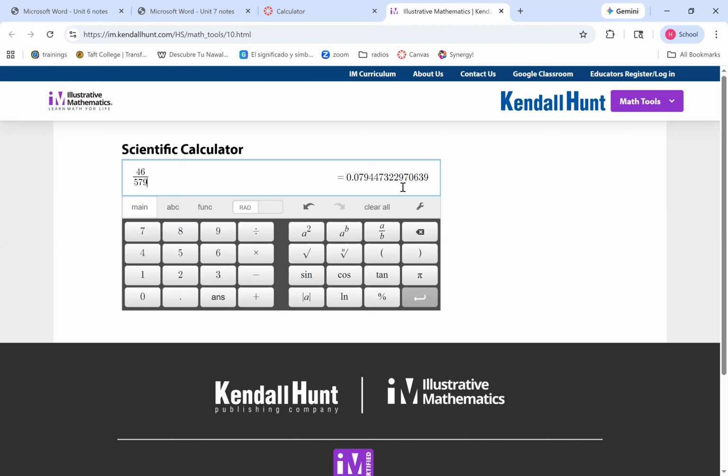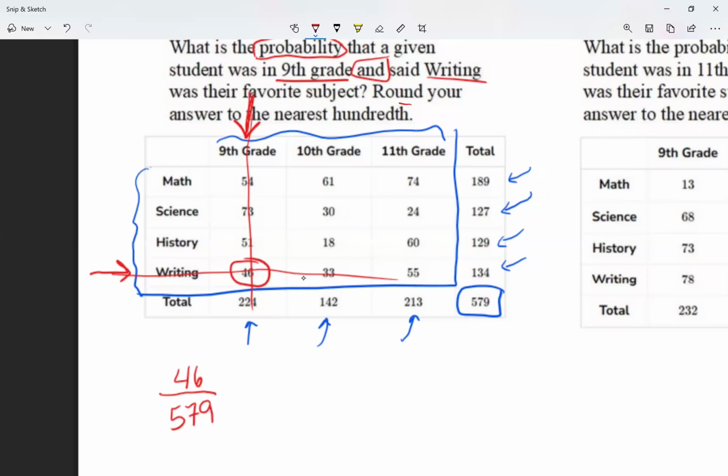Let me come back to my homework here. Let me project the homework or our notes. Hundredth, remember the instructions, it says nearest hundredth, which sounds like the number 100. Now the number 100 has two zeros, right? So my answer should have two decimal places. Decimal places means how many numbers after the decimal point.